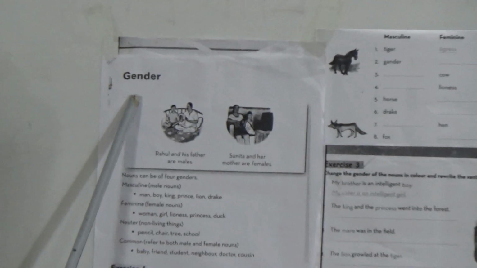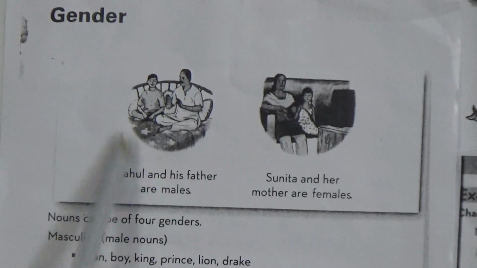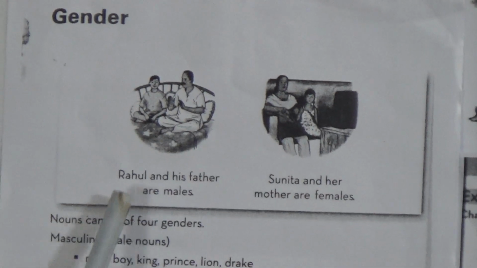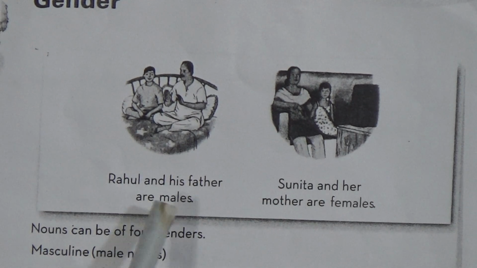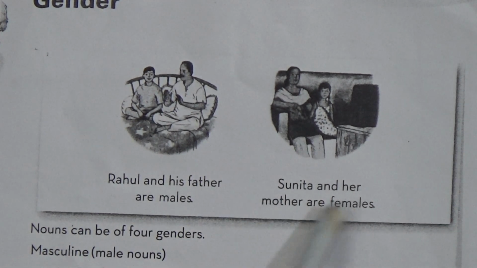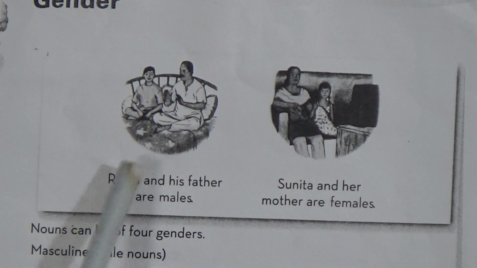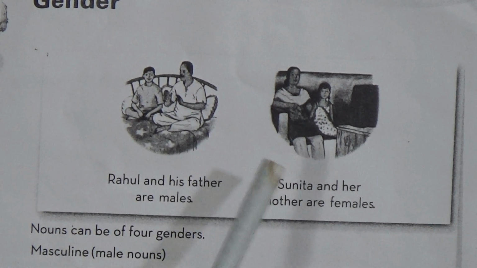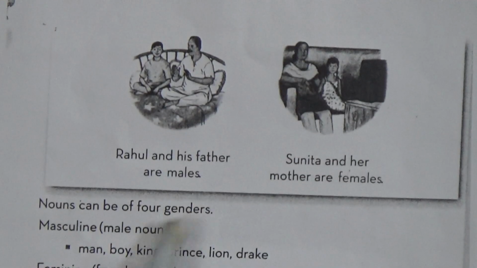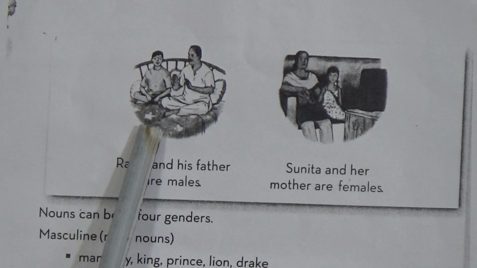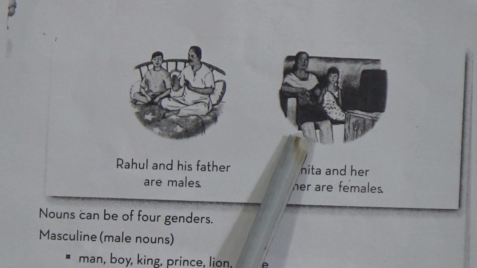Our topic today is Gender, Lesson 3. See the pictures. What is being said there? Rahul and his father are males. Sunita and her mother are females. Here, all of them are people, but we can identify them in different ways: they are male and they are female.